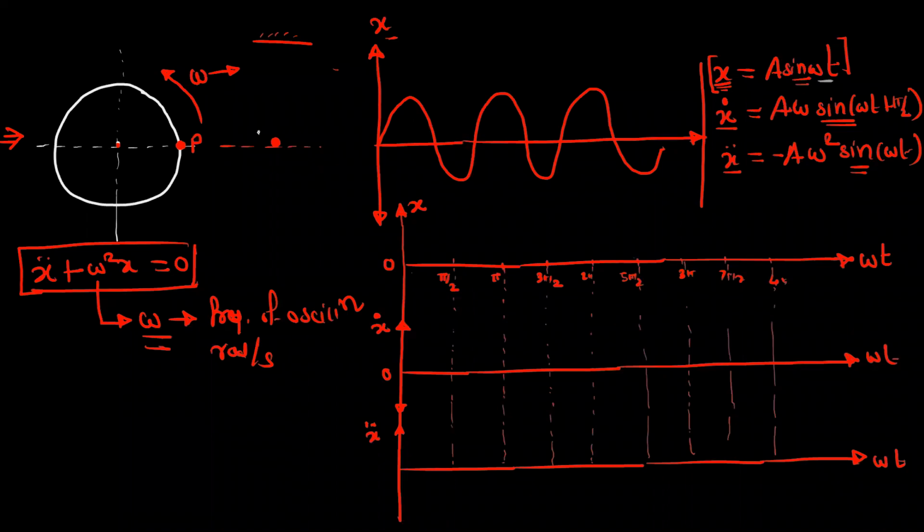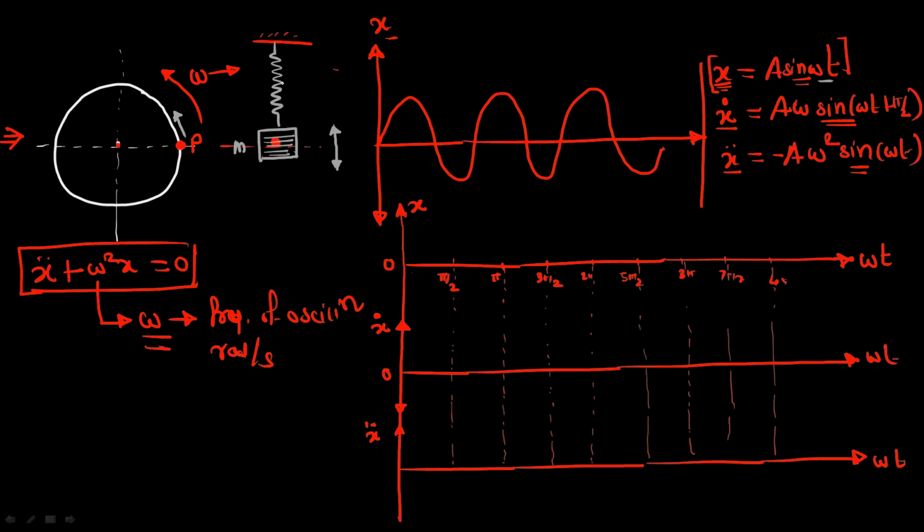So if you consider a spring mass system, this is the spring connected, and this mass is oscillating synchronously with this point P. That means as the point P moves upward, at the same time this mass M will move in the upward direction.